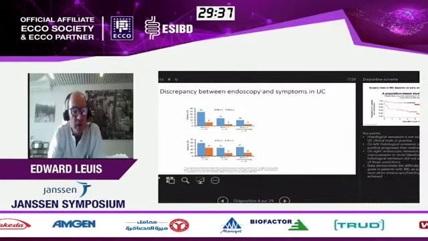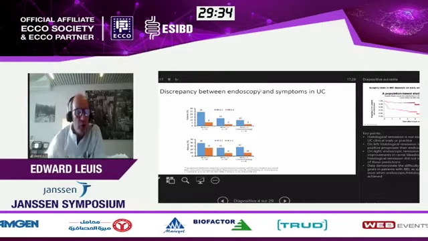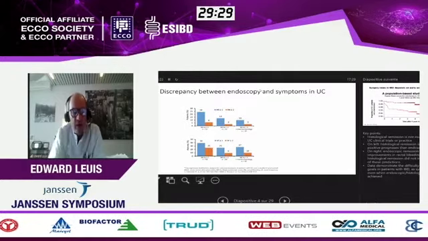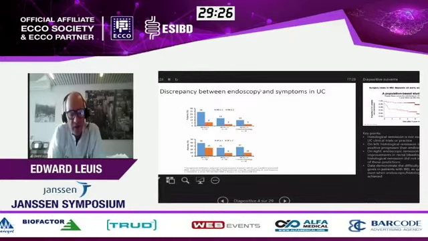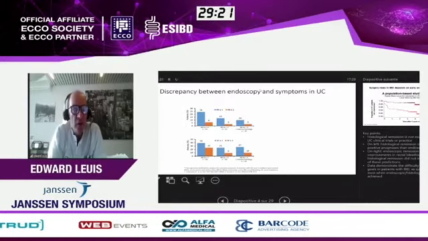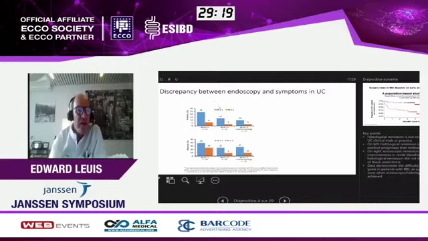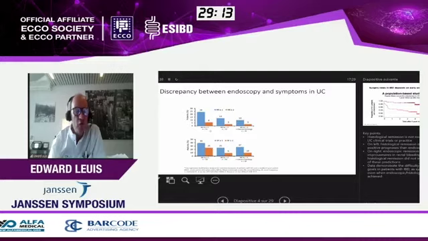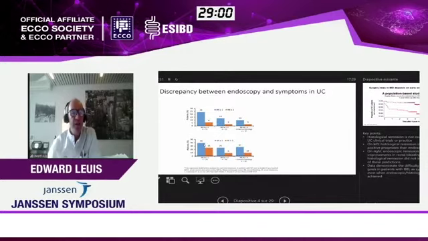You see that in a recent paper published by the New York team from Jean-Frédéric Colombel, that among patients having endoscopic healing as assessed by the endoscopic Mayo score, or even histologic healing, a significant proportion of patients still have rectal bleeding or an increased stool frequency. And obviously you see here that in endoscopic Mayo 1, up to 1/4 of the patients still have some rectal bleeding and up to 1/3 of patients still have increased stool frequency.